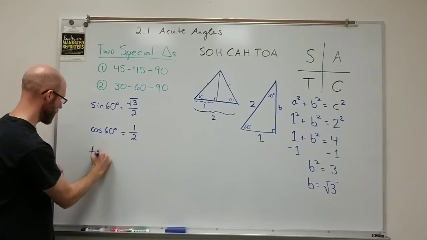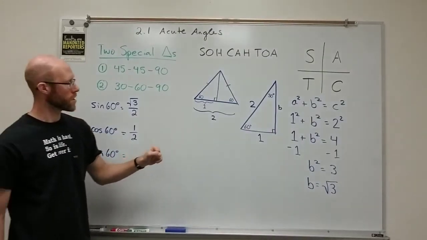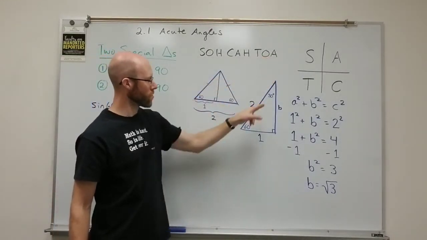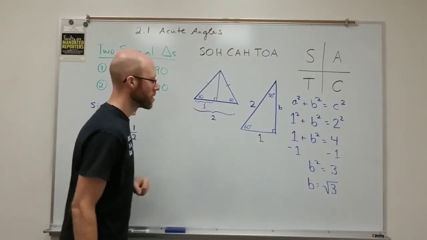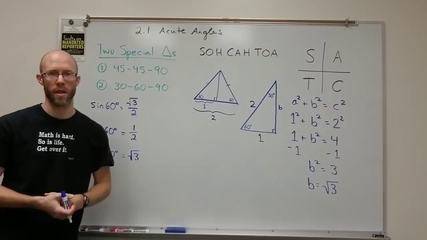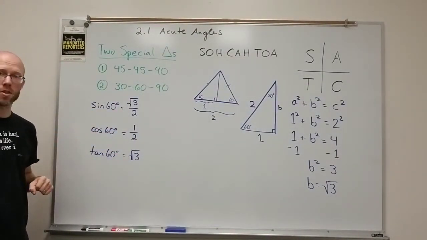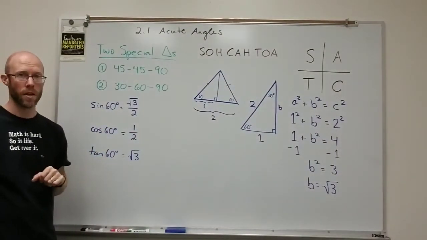And then the tangent of 60 degrees, well, the tangent of 60 is the opposite over adjacent, so that's √3/1. Okay, or just simply √3. I'm not going to write the 1 on the bottom again, that's unnecessary. So this gives us our 3 trig functions for the 60-degree angle.